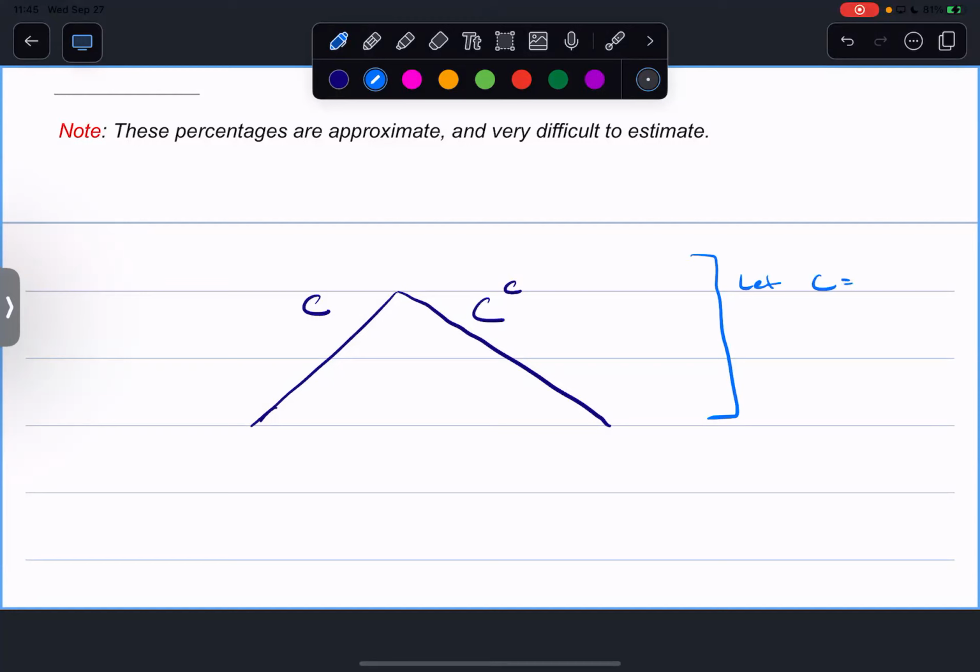Let's have cancer be the first event. I think we can all be convinced that if you have cancer, the probability of getting a positive test result, which is actually negative in a sad way, is higher, hopefully. Otherwise, your test isn't doing anything. It's like flipping a coin. Sorry to say.